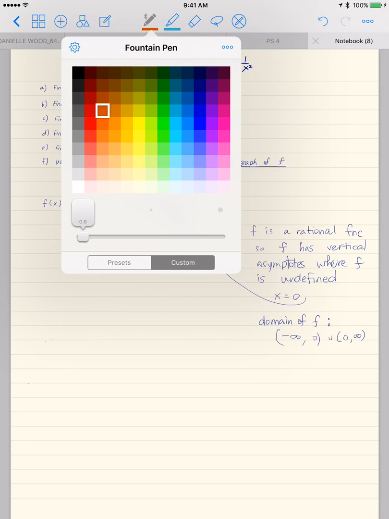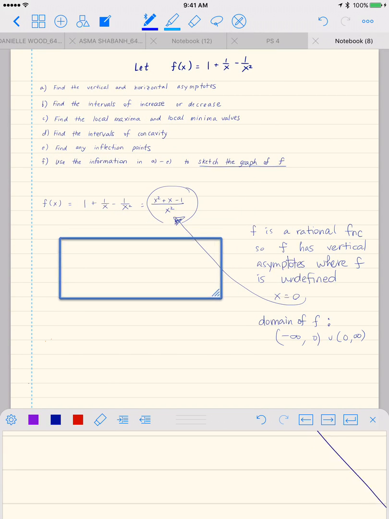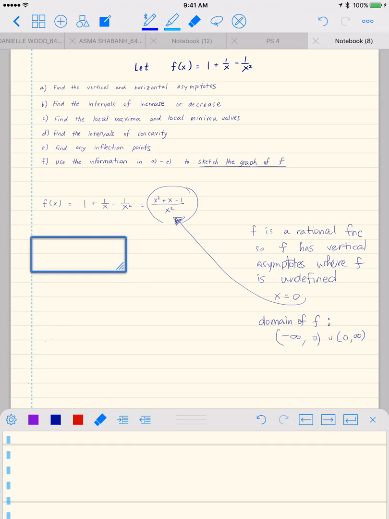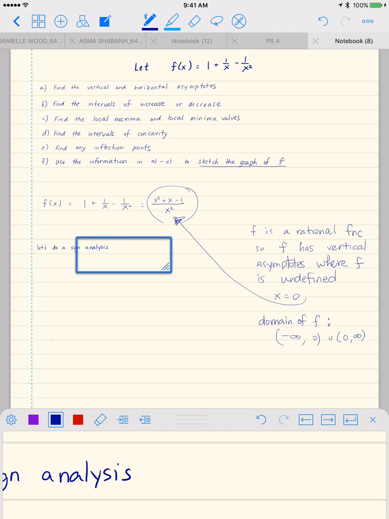Okay, so let's see here. I'm going to do a sign analysis of f.